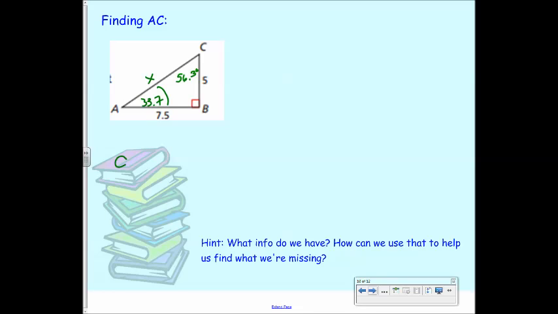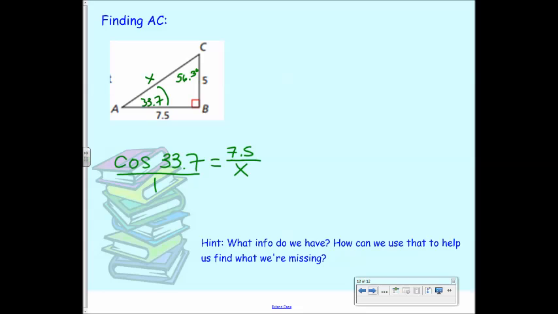And then I don't know the hypotenuse, so that's x. I put this over 1. All right, now what do I do? Cross multiply. So I get cosine 33.7 times x equals 7.5. How do I finish? Divide by cos 33.7.